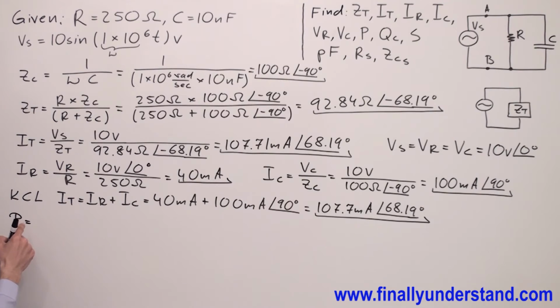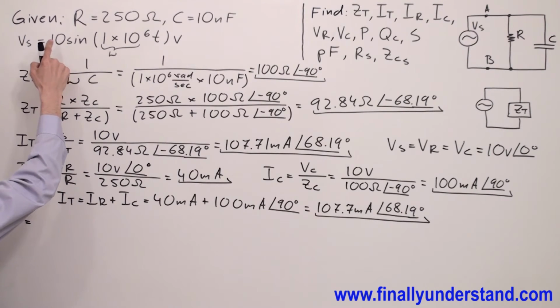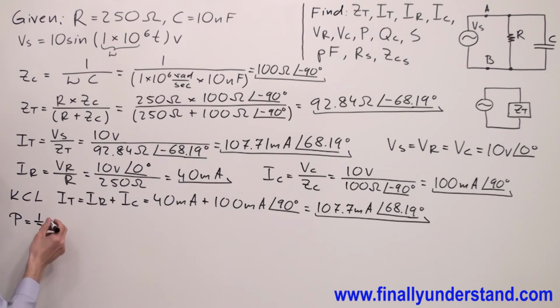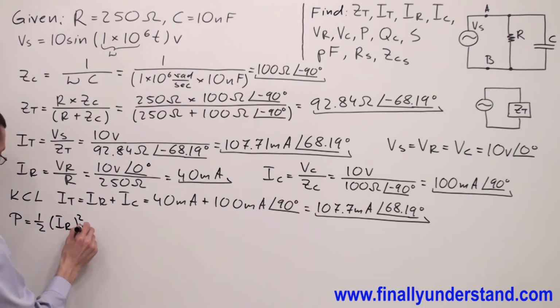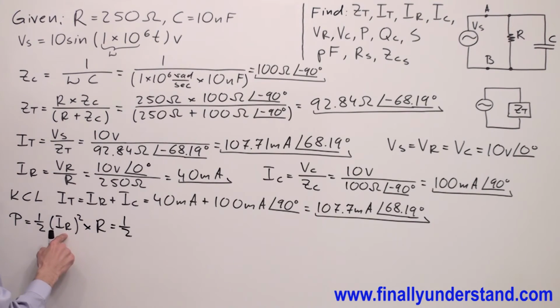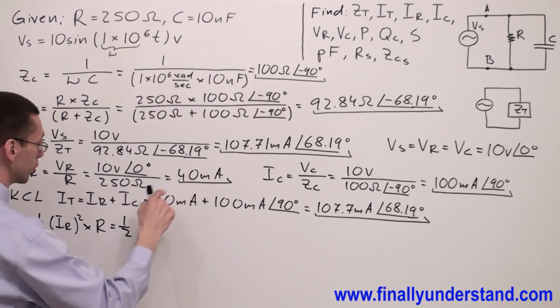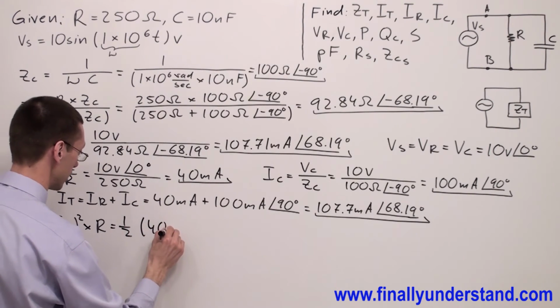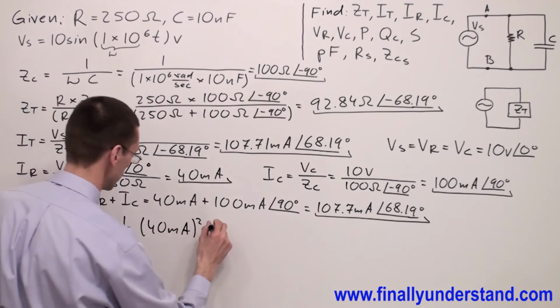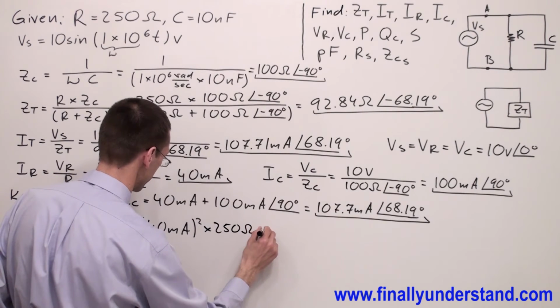Because I'm dealing with the peak voltage, if I have peak voltage, I found also peak current, right? So I'm supposed to use the formula with 1/2. I can use the formula with current, which says 1/2 IR squared times resistance, which is equal to 1/2 times 40 milliamps to the second power times the resistance, which is 250 ohms.